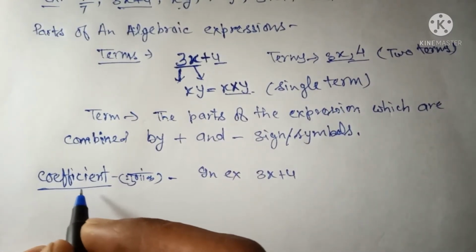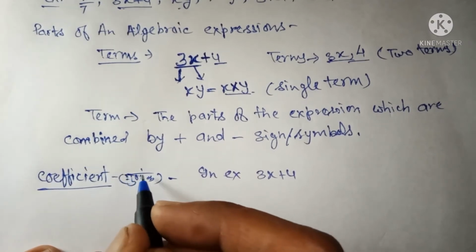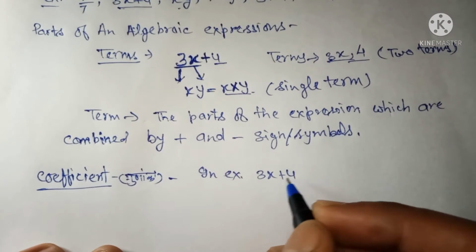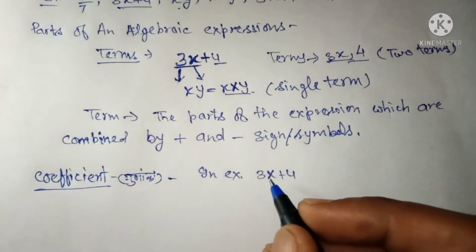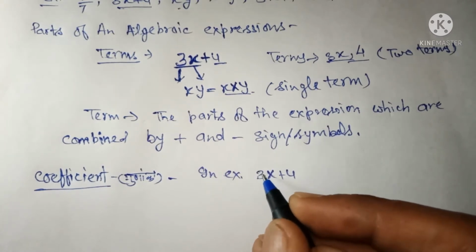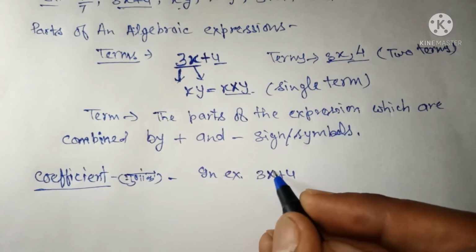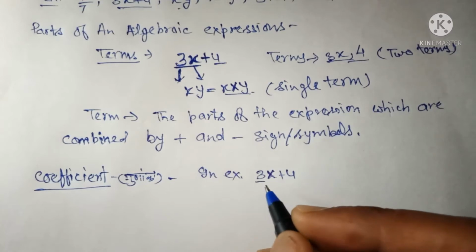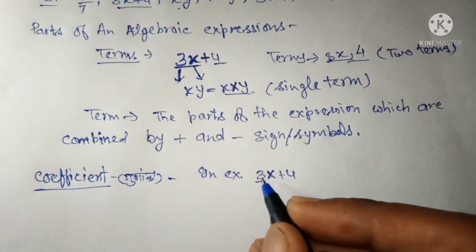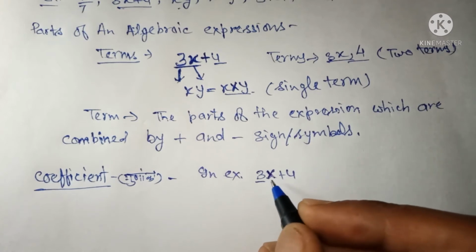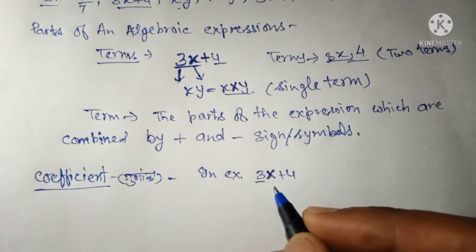Now coefficient, which in Hindi we call गुणांक. In the example 3x plus 4, the numeral which is multiplied by a variable is 3. Although it is a number or numeral, it is multiplied by x, or we can say x is multiplied by 3.